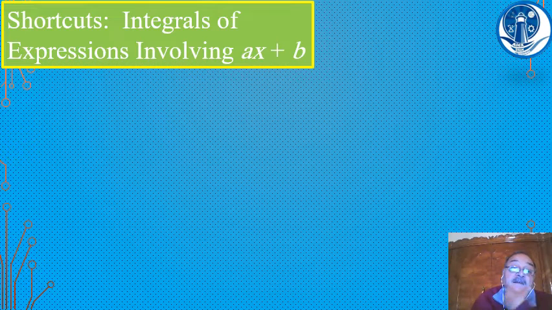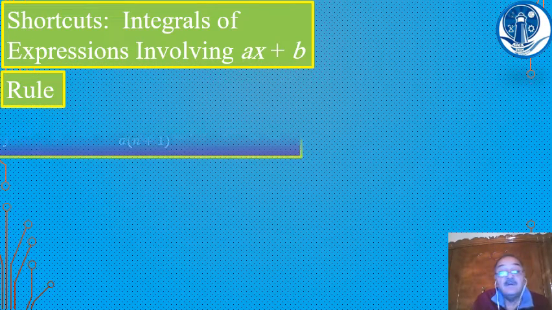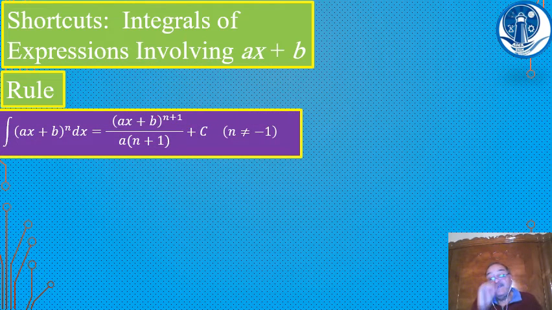Here are shortcuts: integrals of expressions involving ax plus b. We have the first rule, the integration of (ax plus b) all power n. This is the summary of the previous one: write the bracket, add the power by 1, divide by the new power times the derivative inside the bracket, plus c.